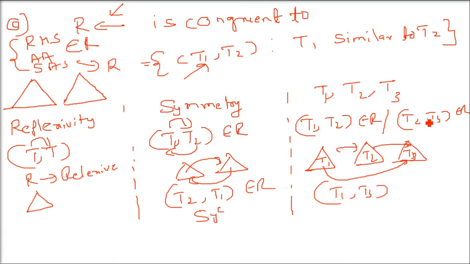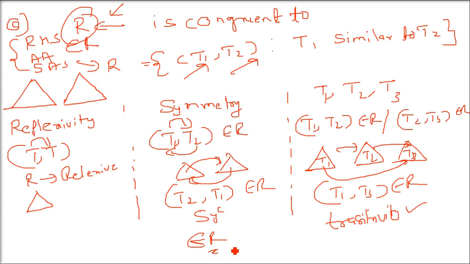If we take congruency also, one triangle is congruent to another, that one is congruent to the third one, so the first has to be congruent to the third one. So transitivity is also proved here. This is also checked. That means this relation R, where T1 is similar to T2 or T1 is congruent to T2, is an equivalence relation.